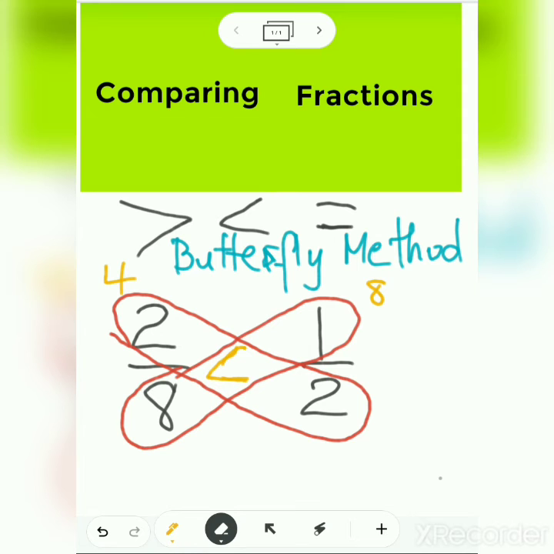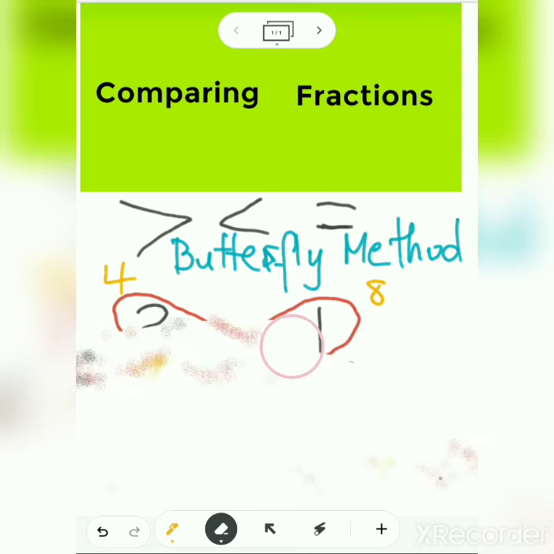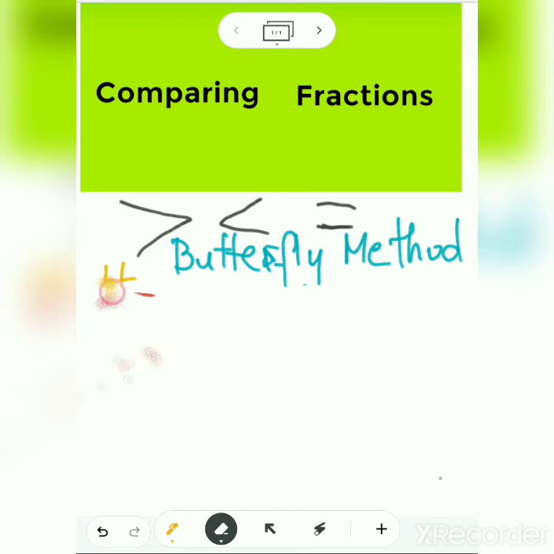Let's look at our third and final fraction. And we are still going to use the butterfly method to solve it.